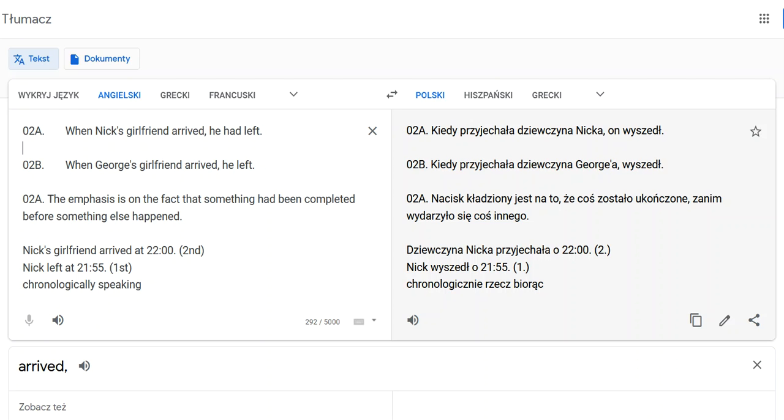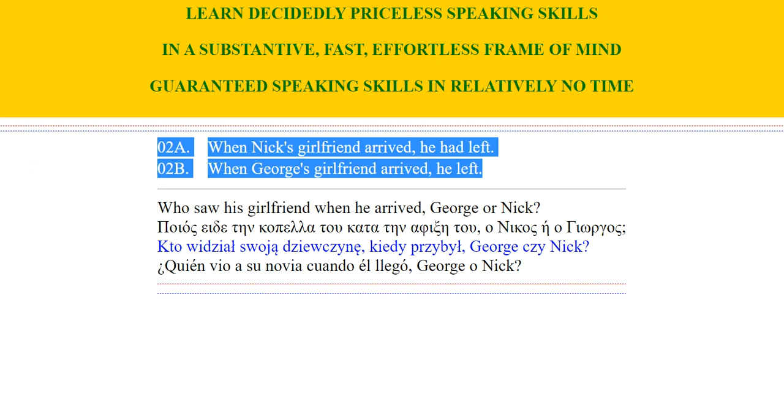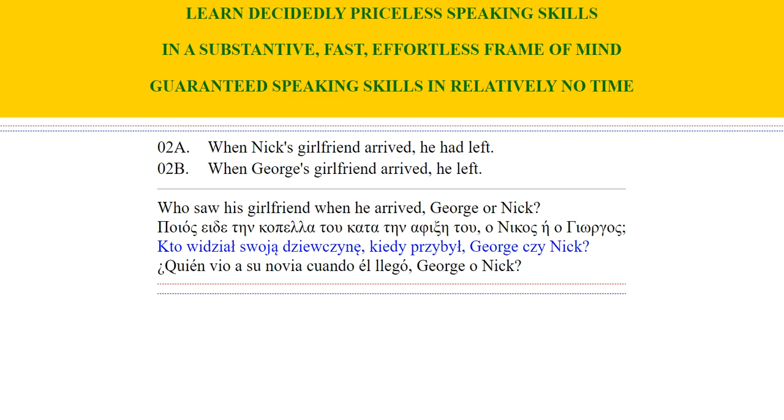So when Nick's girlfriend arrived, he had left. So did Nick see his girlfriend when Nick arrived? No. So the right answer is that George saw his girlfriend when he arrived, not Nick. Nick did not see his girlfriend when he arrived because he had left before she arrived, okay?